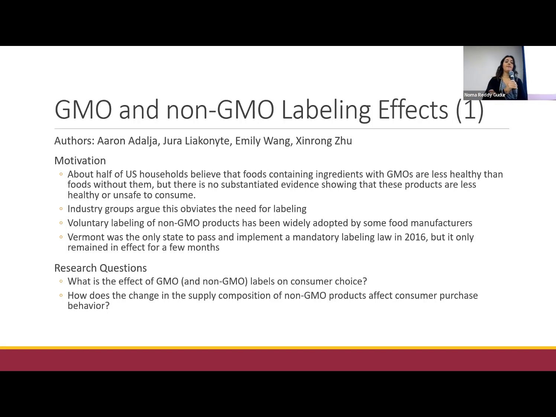About half of US households, when surveyed, believe that foods containing ingredients with GMOs are less healthy and less safe than foods without GM. There hasn't really been, except for maybe one study at Stanford, any study that really substantiated those concerns expressed by households.